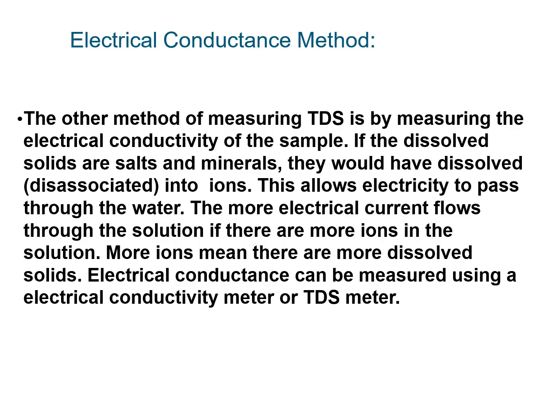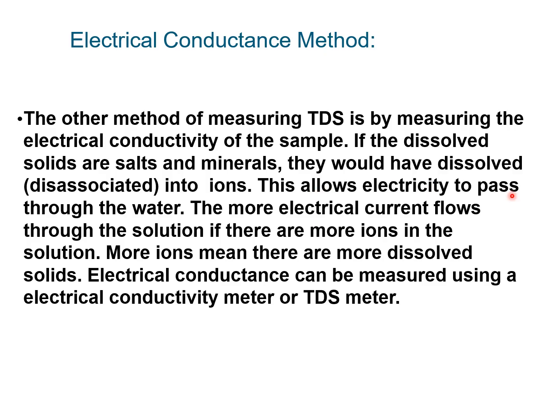The other way is the electrical conductance method. If the concentration of dissolved salt is more, you can see more flow of ions, or in other words, more electrons will be flowing. The other method of measuring TDS is by measuring the electrical conductivity of the sample. If the dissolved solids are salts and minerals, they would have dissociated into ions.